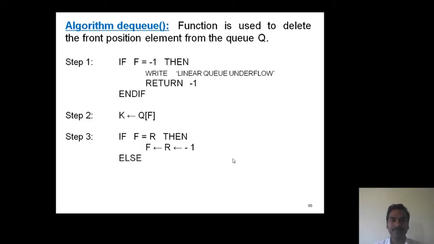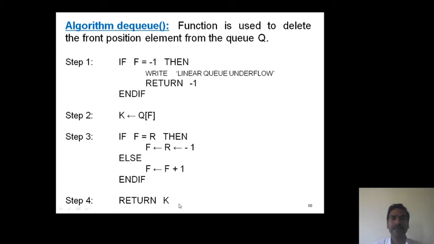Else, if the queue consists of more than one element, F equals F plus 1, so F is incremented by 1. Now the deleted element is available in K, so return K.